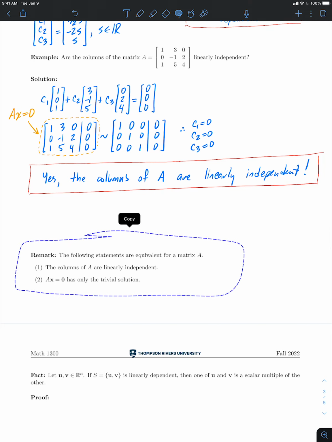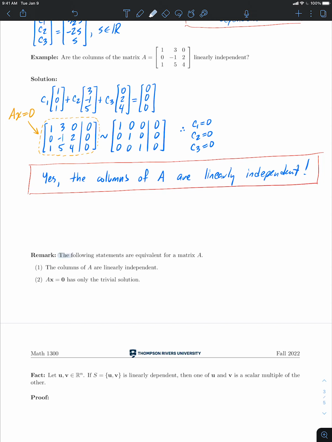And you notice the language that's used. In this remark, it says the following statements are equivalent. That's a very commonly used phrase in mathematics. Whenever you hear that phrase, it'll be followed by a list of statements. And here's the essence of what that means. When you write down a list of statements and say that they're equivalent, what you're saying is if one of those statements is true, all of those statements are true.